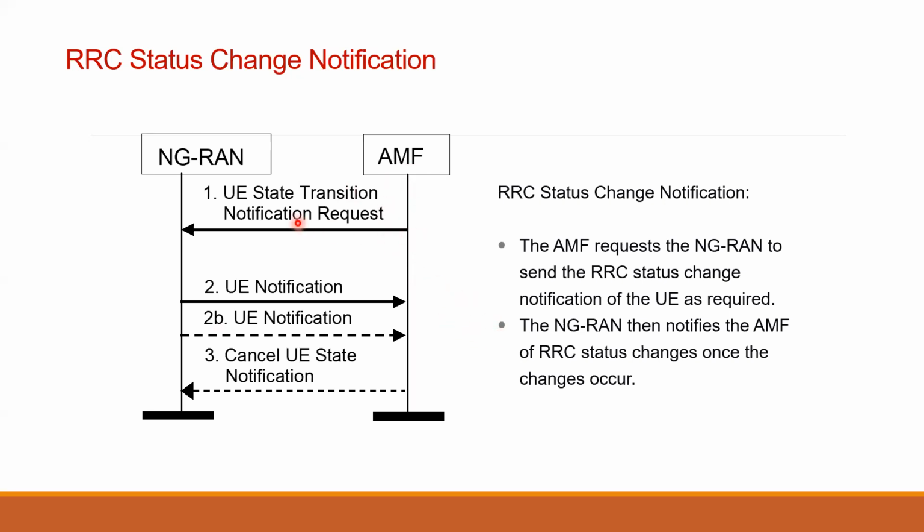So the AMF is saying, whenever there is a UE state change, please intimate me. And once the change of status occurs, the NG-RAN sends a UE notification, the AMF sends an acknowledgement of that, and it may send a cancel UE state notification in case it does not need the RRC status change.